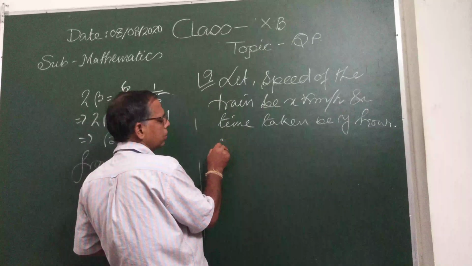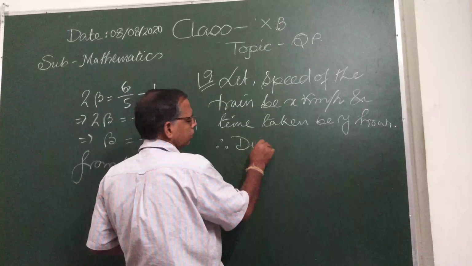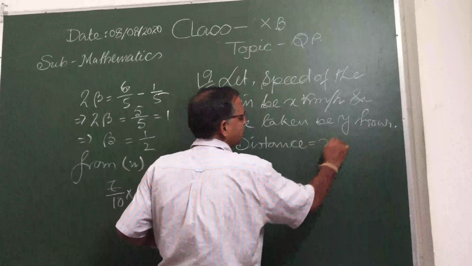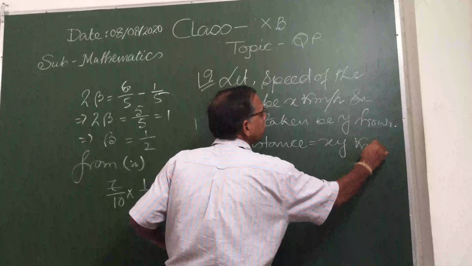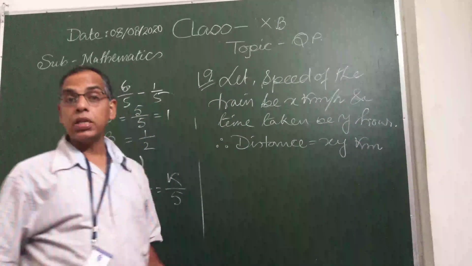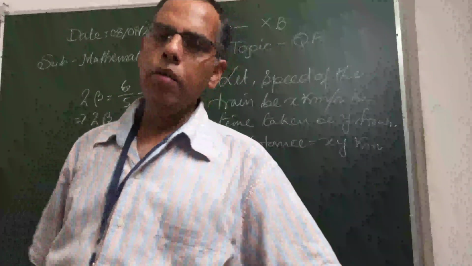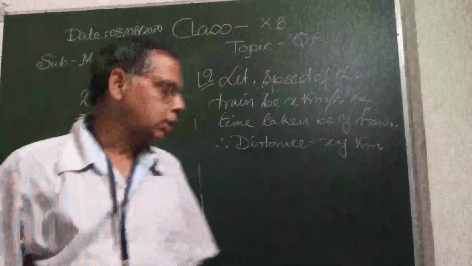Therefore distance equal to xy kilometer. So that means after getting the values of x and y, you have to find out the distance, and the product of x and y will give the distance.